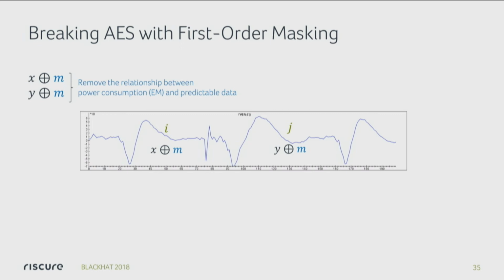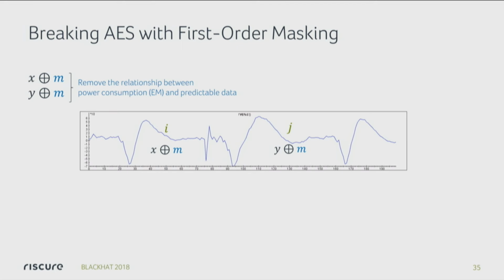And you do this by, before you do an AES, you flip a random mask, you modify your S-boxes a little bit, and you XOR that mask onto your data. It then goes through the key addition, the mask just survives, it goes through the S-box, and out comes again another masked value. And before you get to the end of the algorithm, you basically unmask it again, and your regular AES result comes out.